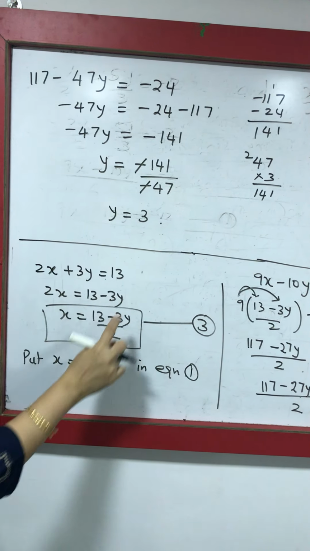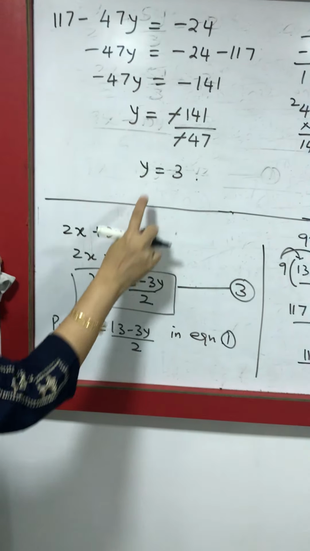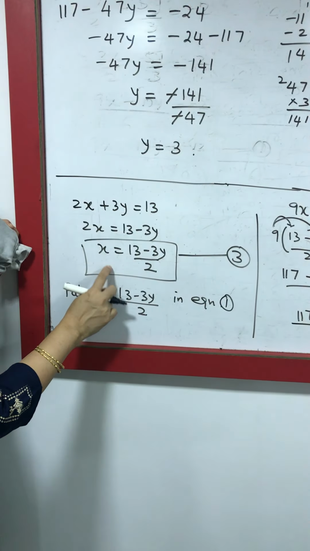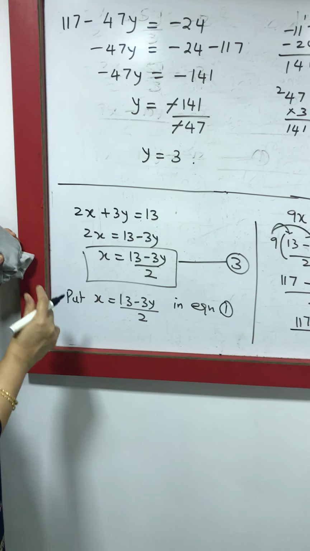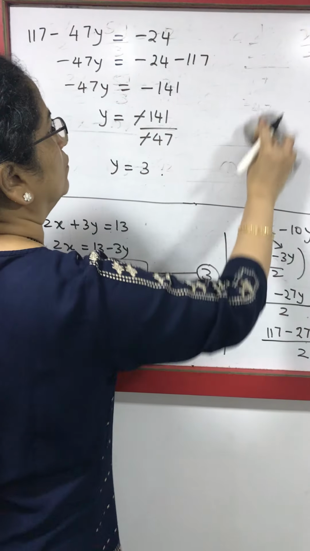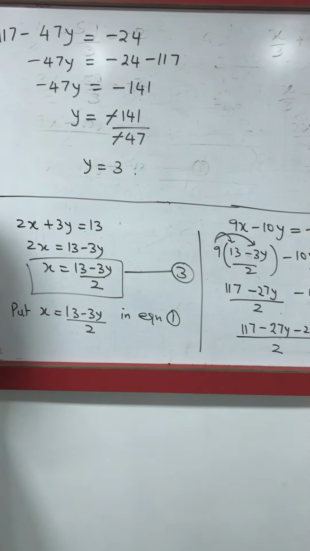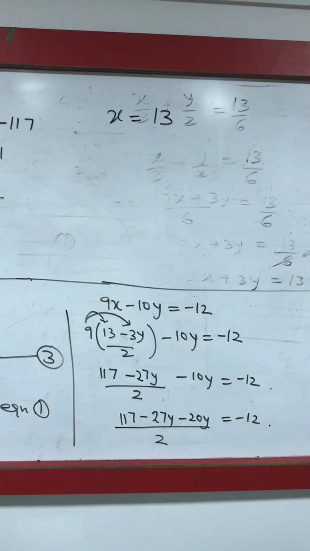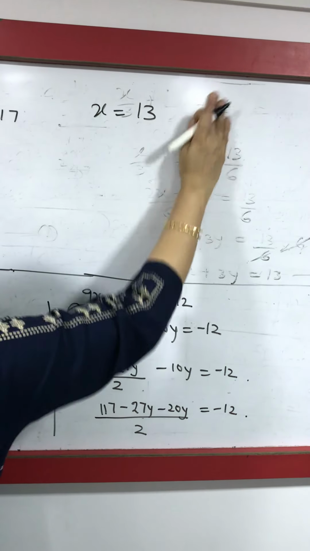Now we have to get the value of x. So this value of y I will substitute in equation 3 to find the value of x. So equation 3 is x equal to 13 minus 3y upon 2.